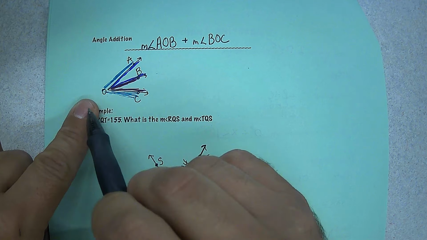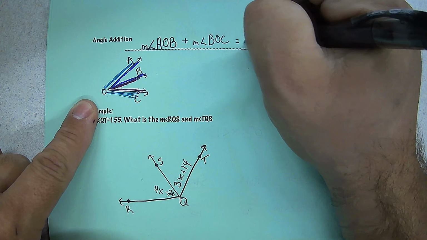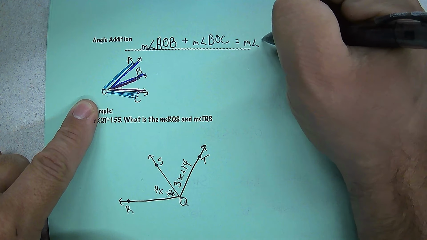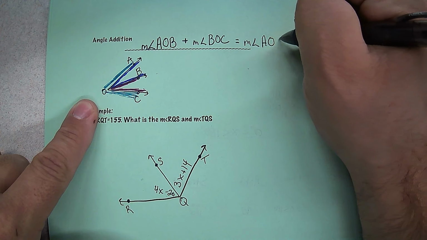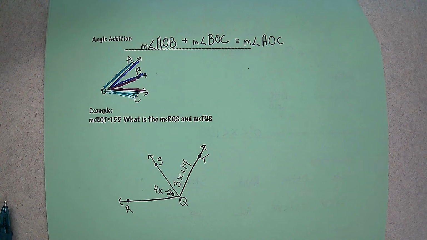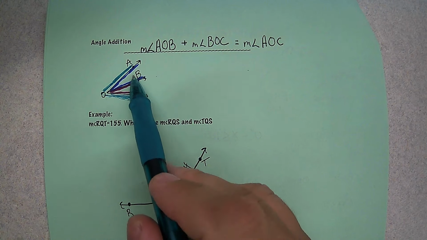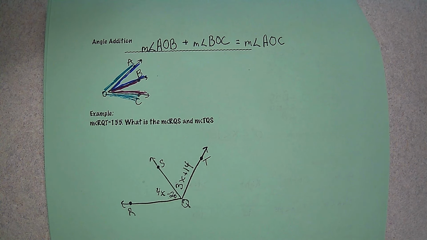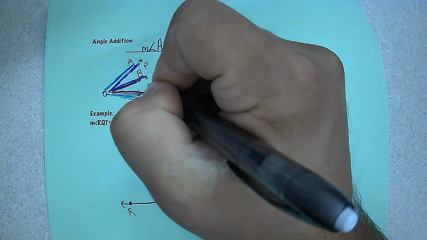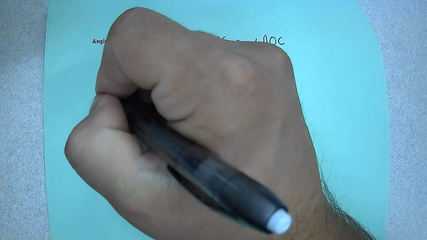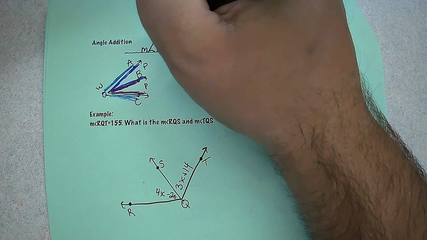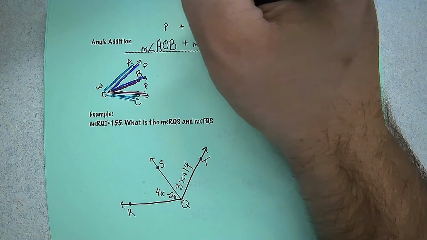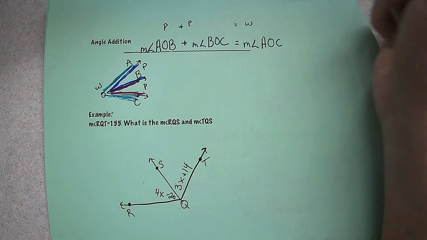If I add those up, those are going to give me the measure of angle AOC, that large angle. So these two smaller parts make up that bigger angle. You could think of it as this part plus this part equals the whole thing. So part plus a part equals the whole thing.